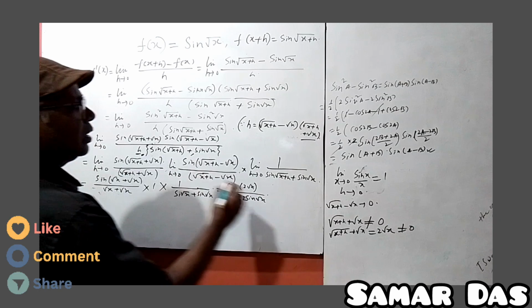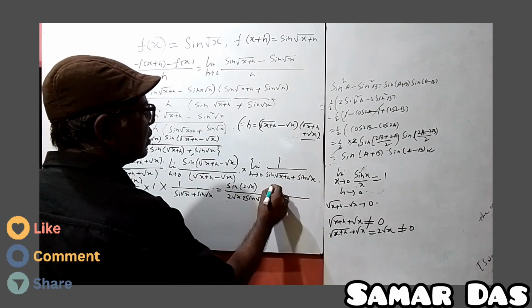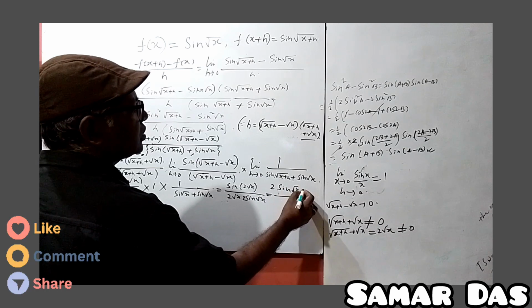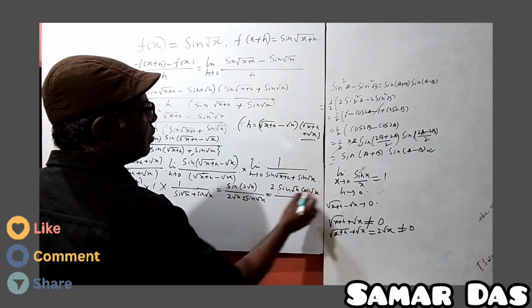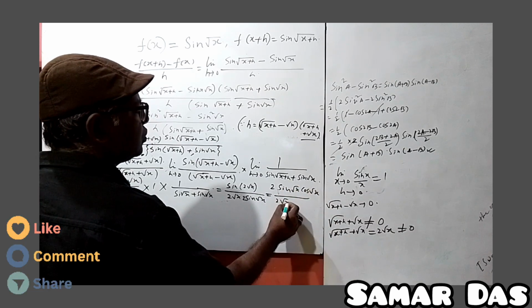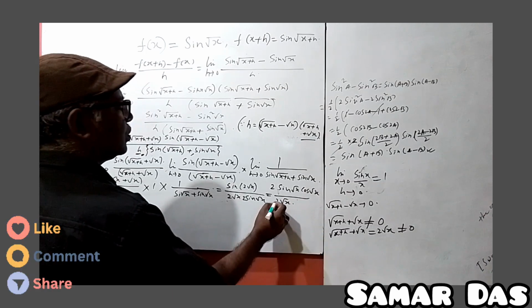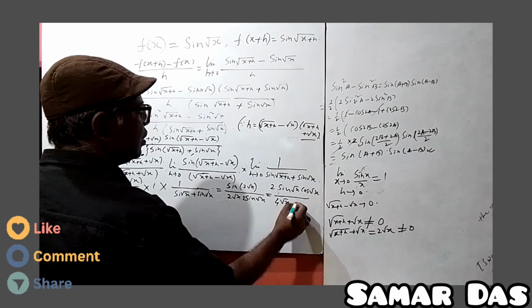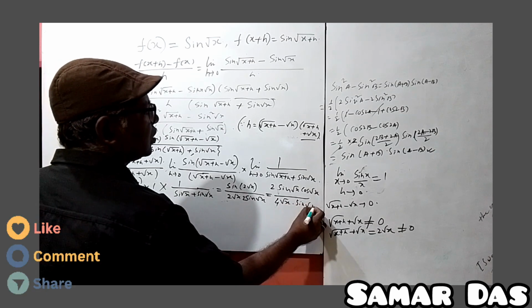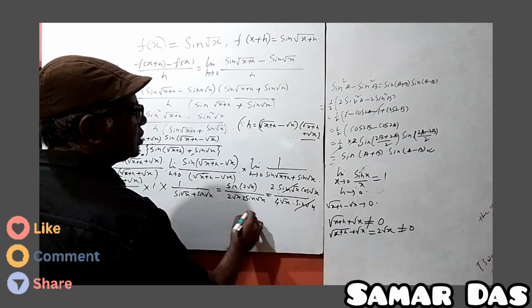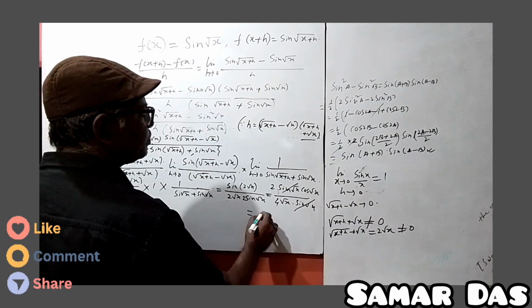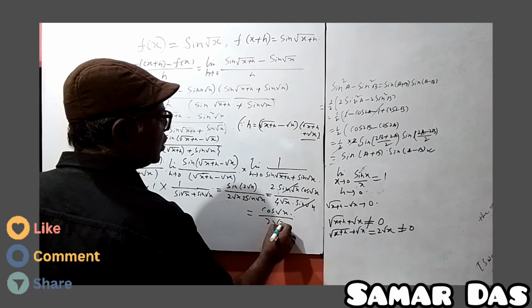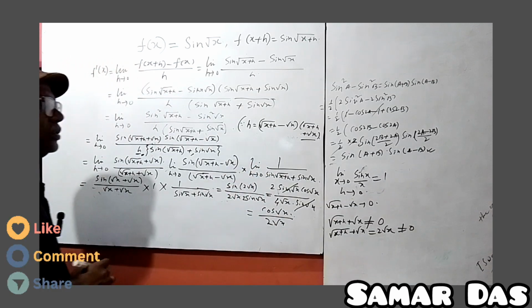From the multiple angle, we can write 2 into sine root x and cos root x. This is 2 root x, this is 4 times sine root x. See, these are cancelable. So we get cos root x divided by 2 root x. Okay, this is your answer.